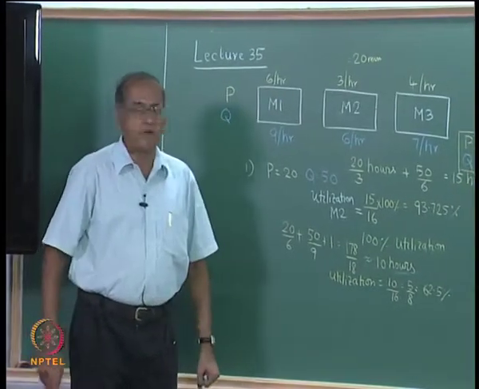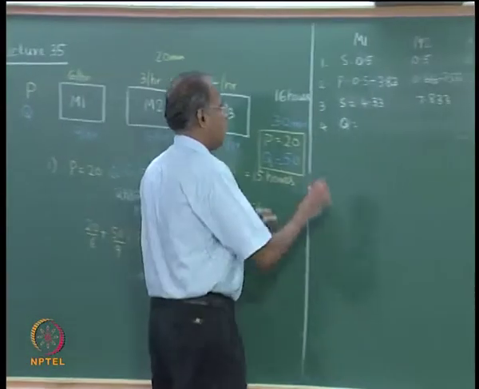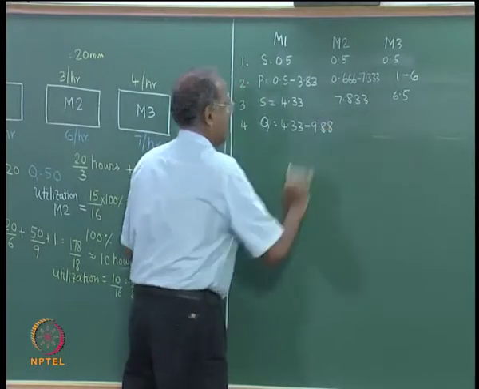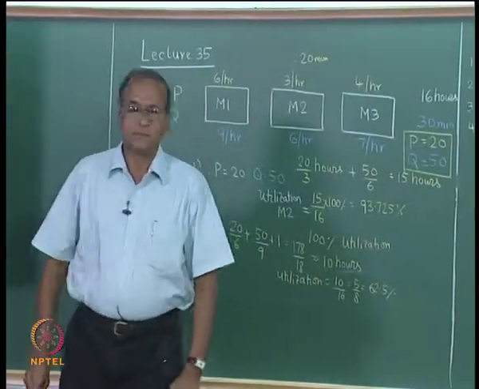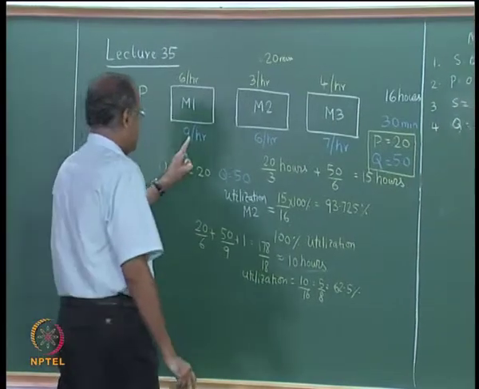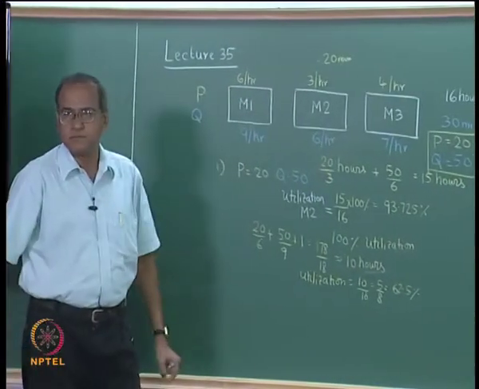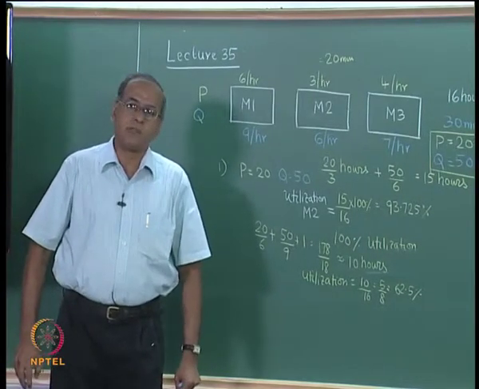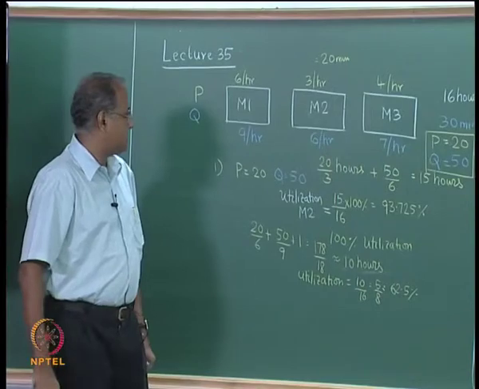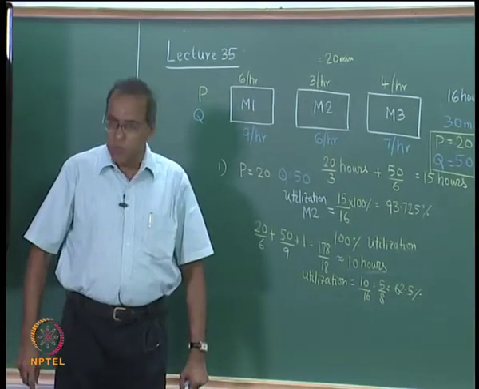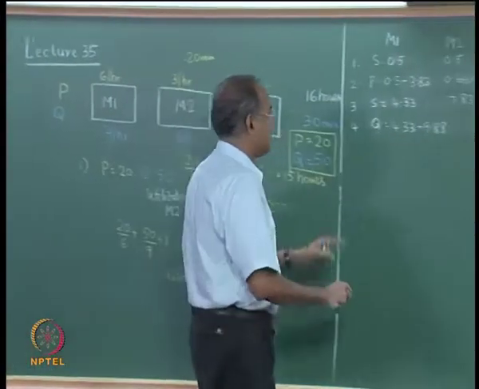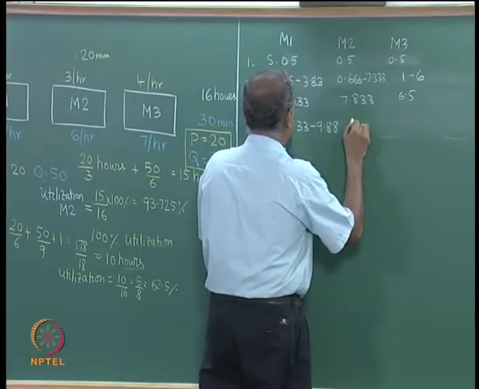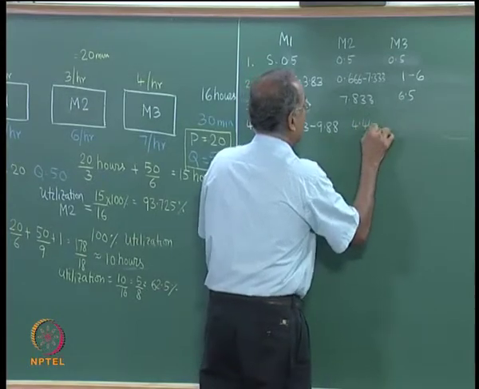So, 50 by 9 is 5.55, so 4.33 to 9.88. Since it is making 9 per hour, the first piece will come out at 4.33 plus 1 by 9, which is 0.11, so 4.44 hours.